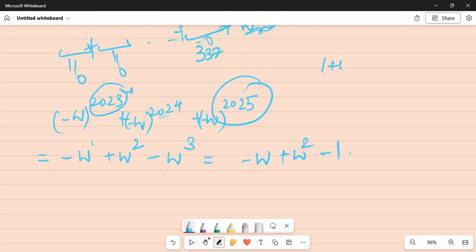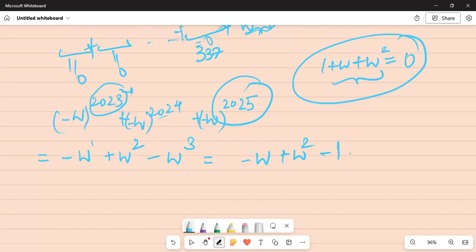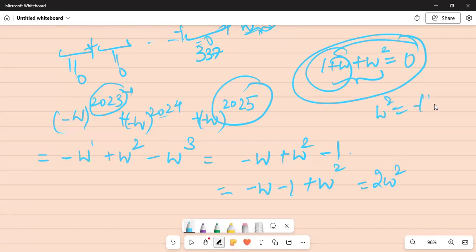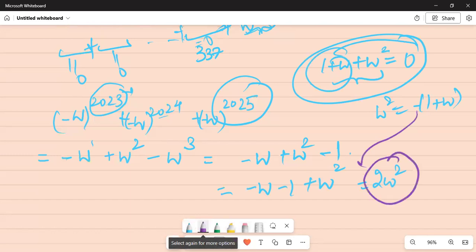And you know that the sum of the nth roots of unity is just 0. It satisfies this relation. So if you send this part to the right hand side, substituting this over here, you get this.